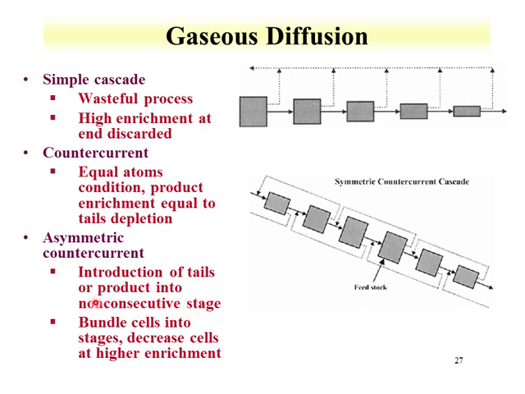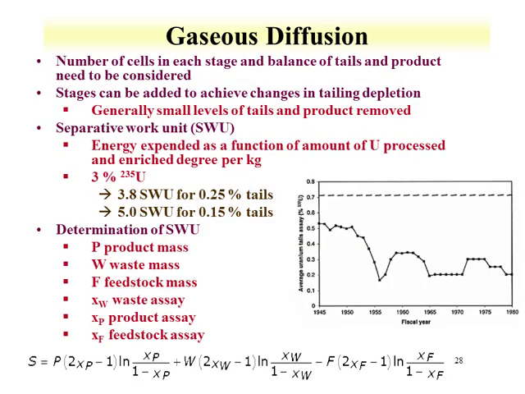The cells in this case tend to be bundled together, and we get a decrease in cells at higher enrichment. For these processes, the number of cells in each stage has to be balanced with the tails and the product. Stages can be added to achieve changes in tailings depletions. So you can vary the overall enrichment by changing stages, which are composites of cells.